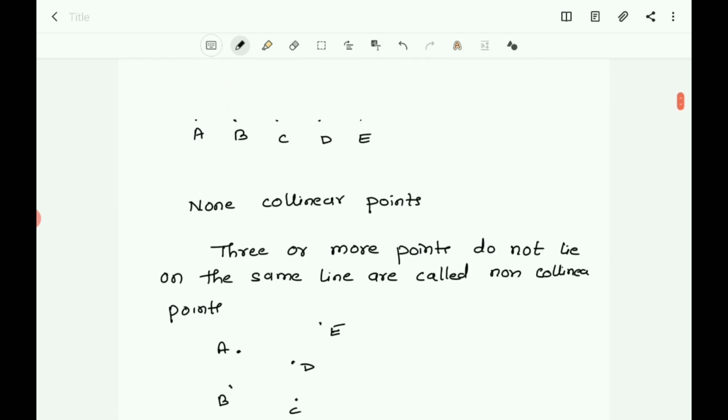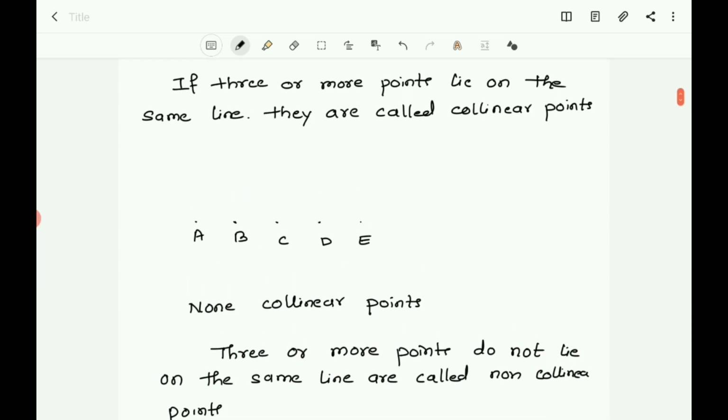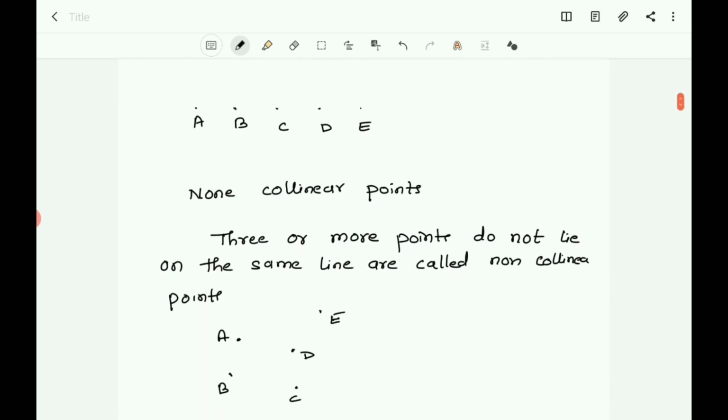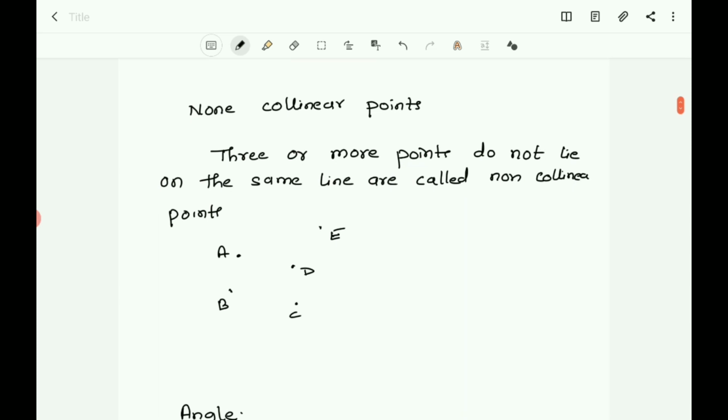Next, non-collinear points. If you know the collinear points, then you can understand non-collinear points. What are non-collinear points? 3 or more points which do not lie on the same line are called non-collinear points. See here there are 5 points.